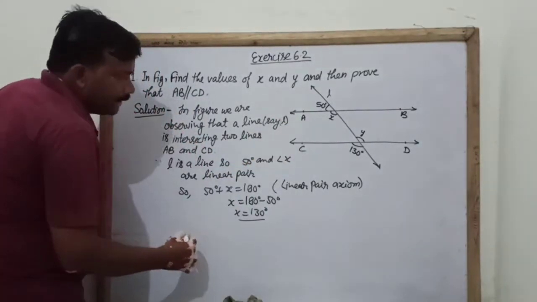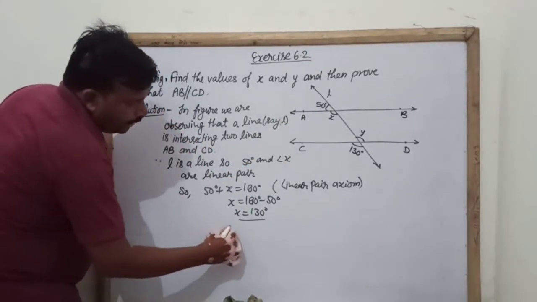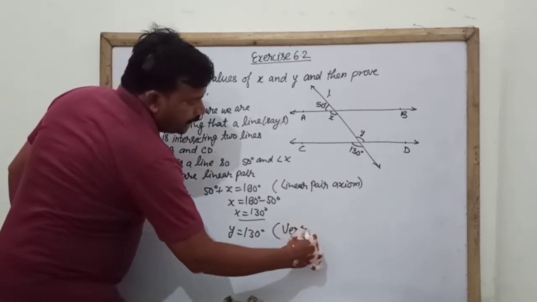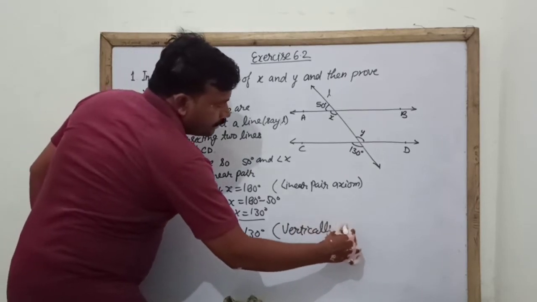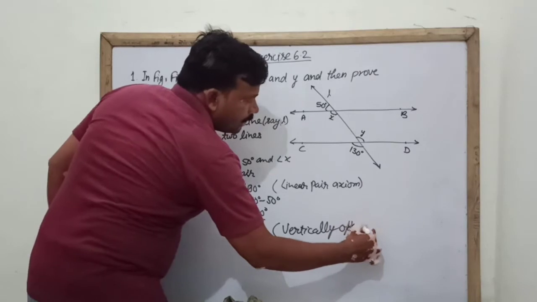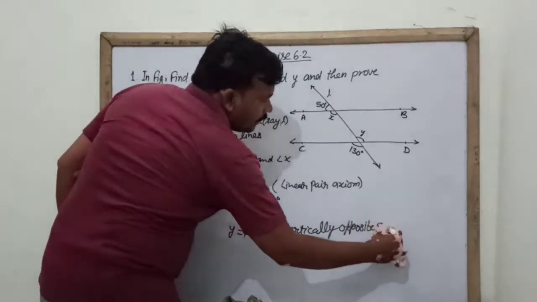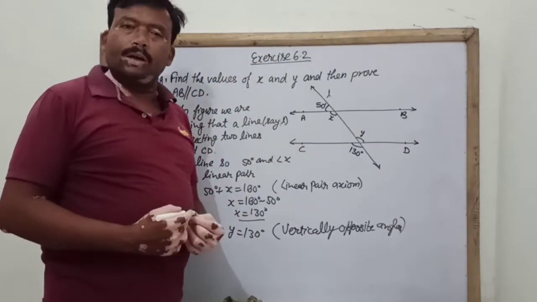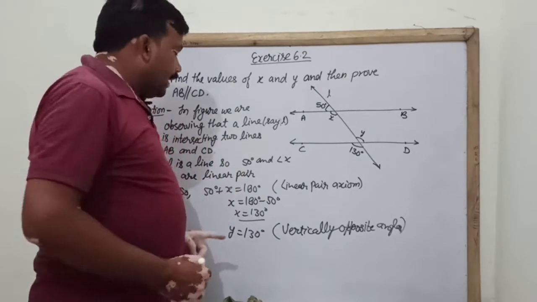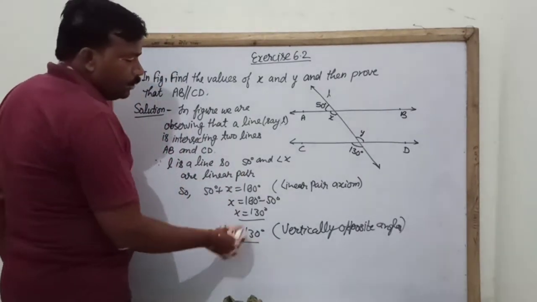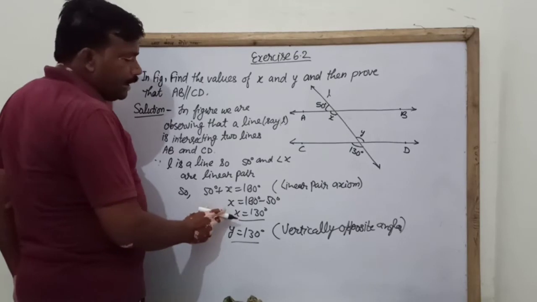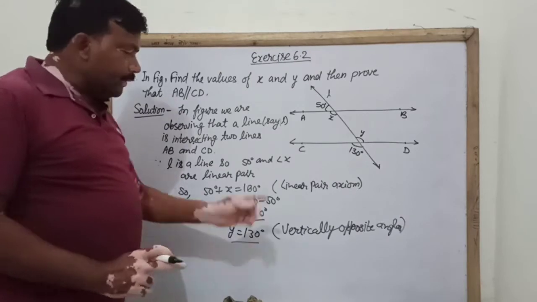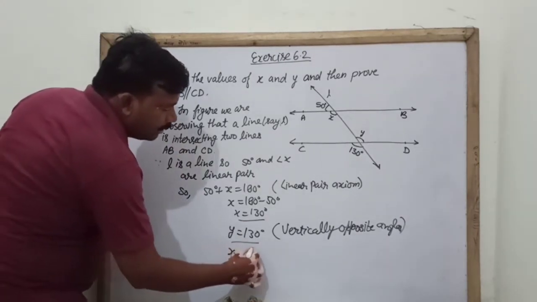So we can say that angle y equal 130 degree, by vertically opposite angles. Vertically opposite angles are always equal, and from these two answers we can see that value of x and value of y is equal. Then we can say x equal y.